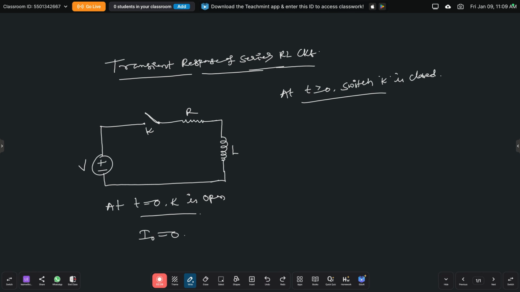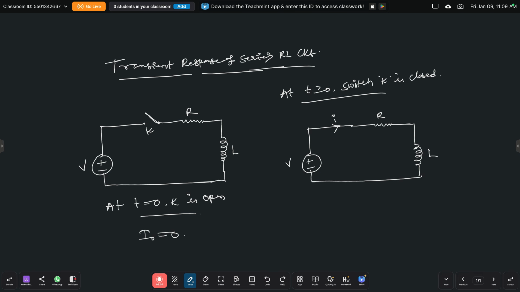After closing the switch, the circuit becomes: the switch K, resistance R, inductance L, and a voltage source. Here one current is flowing, that is current I.